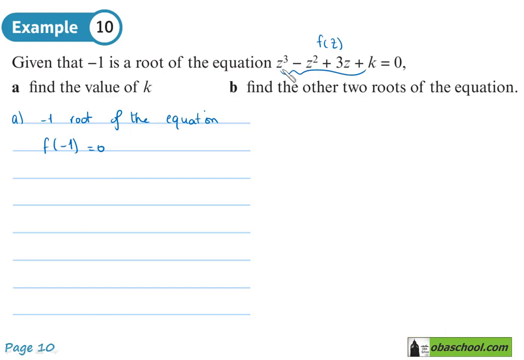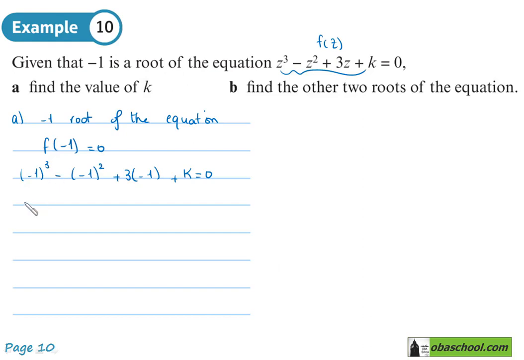So we are going to substitute the value of z by minus 1 in the above equation: minus 1 cubed minus 1 squared plus 3 multiplied by minus 1 plus k equals 0.